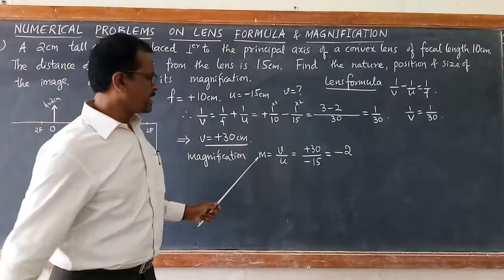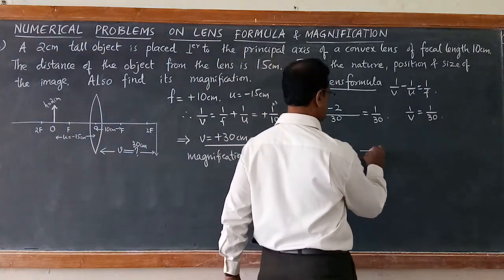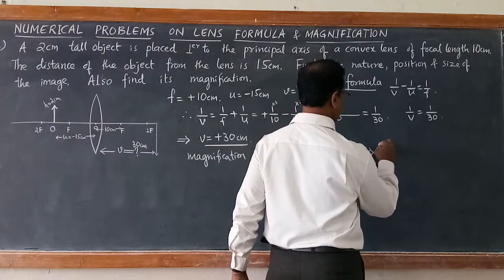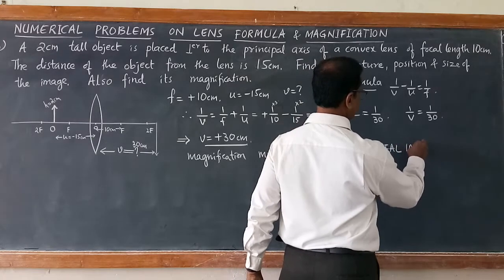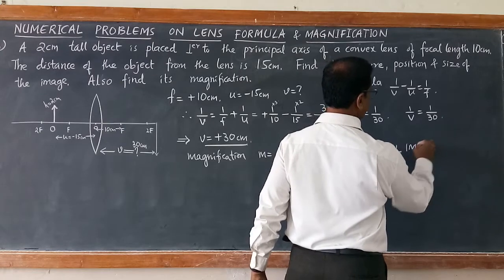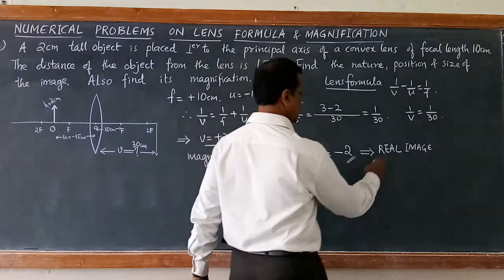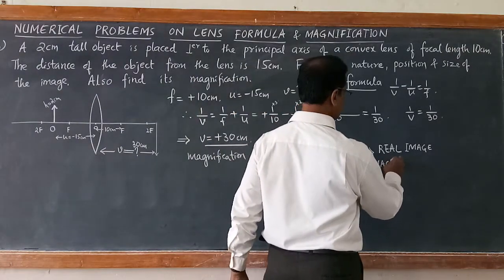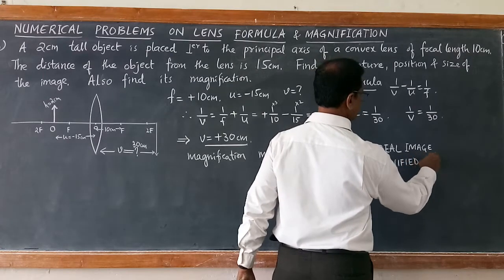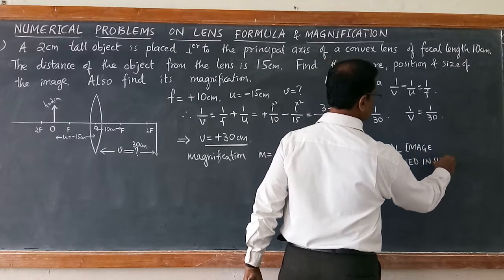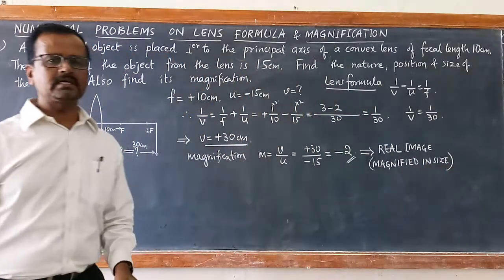So magnification is minus. The negative sign of the magnification implies that it is a real image. Real image, and it is more than 1, magnified. Real image and magnified in size, or enlarged in size. How many times is it enlarged in size? It is 2 times enlarged in size.